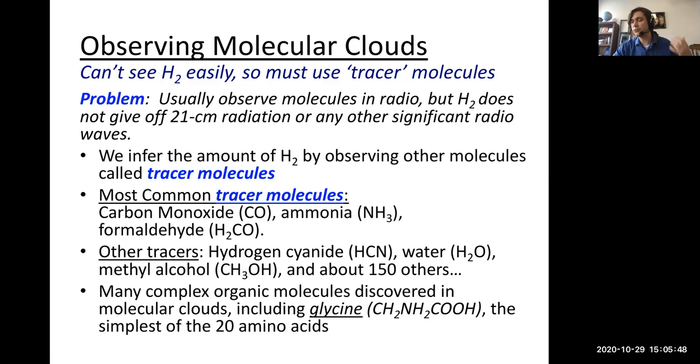You have more tracer molecules, you have more H2 molecules. So the most common tracer molecules, the easiest ones for us to observe, are carbon monoxide, ammonia, and formaldehyde. Although you can use pretty much any of the molecules that exist in molecular clouds. Other popular tracers that people use are water, hydrogen cyanide, methyl alcohol, and the 150 or so, now it's pushing closer to 200 others.